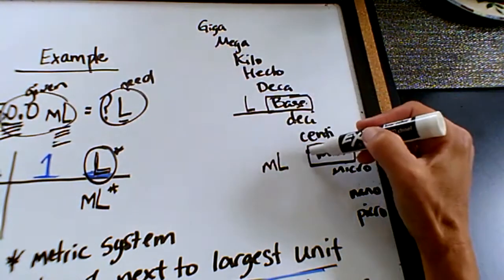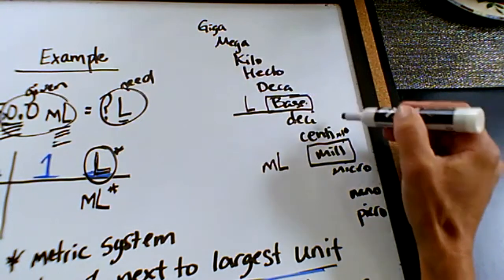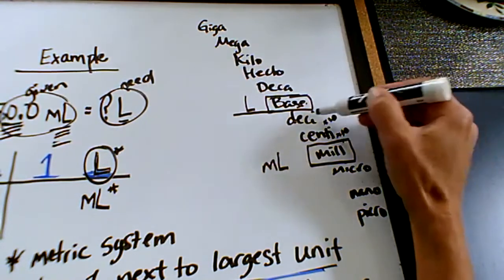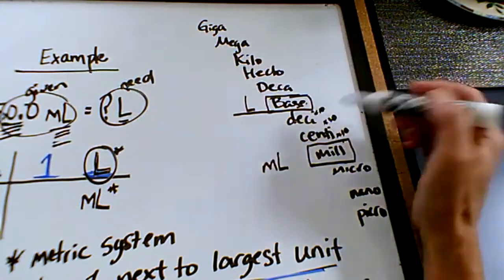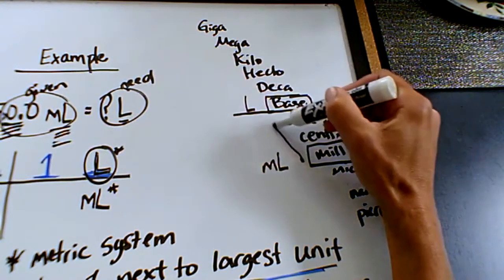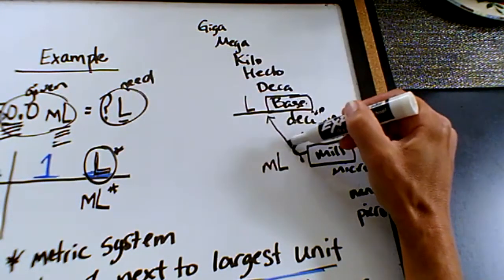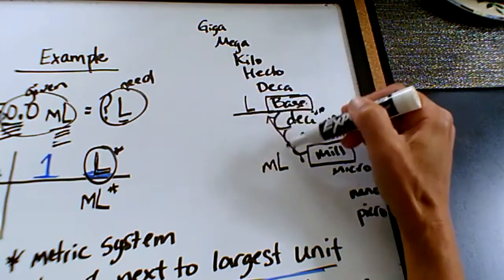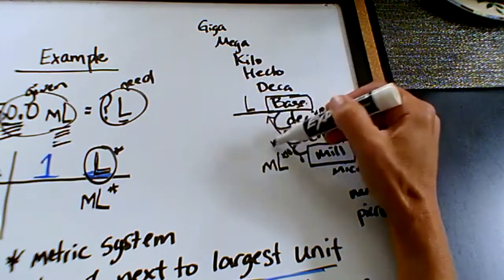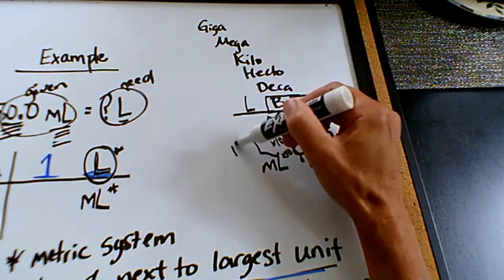Okay, well, remember we said that this was 10 times bigger, 10 times bigger, and 10 times bigger, right? So in order to get from here to here, according to our notes, we have to times 10, times 10, times 10, and 10 times 10 times 10 is 1,000.